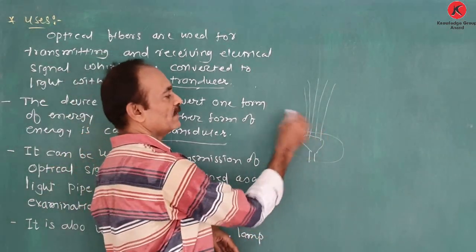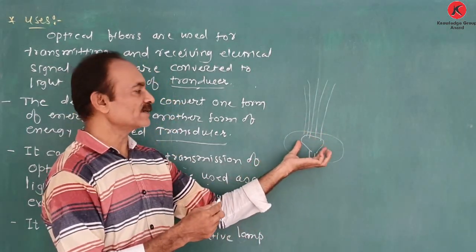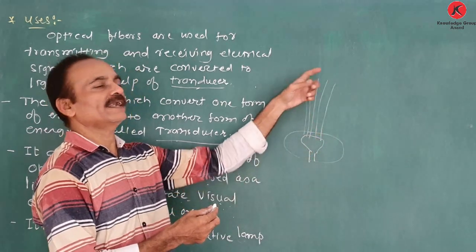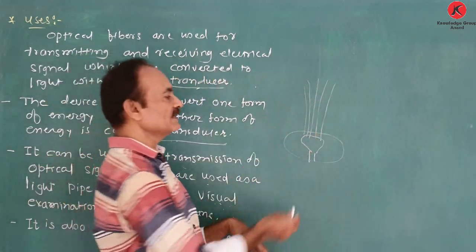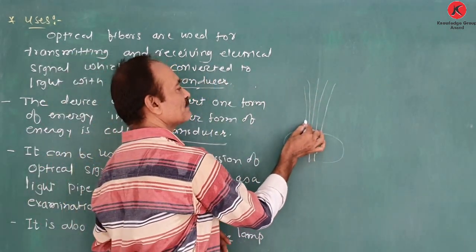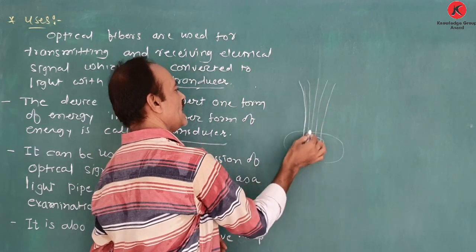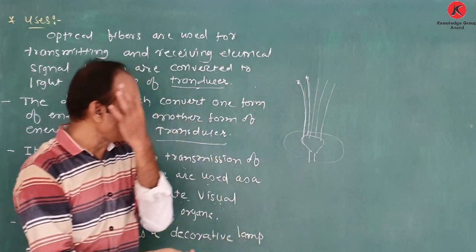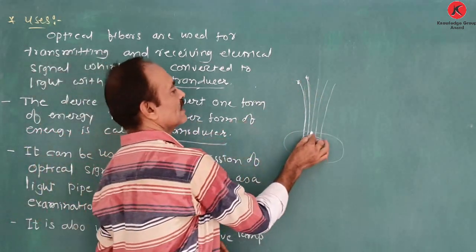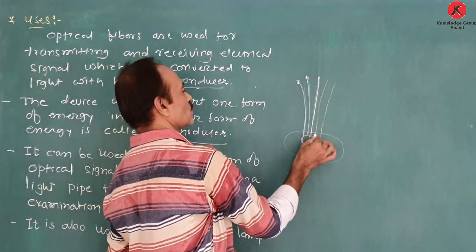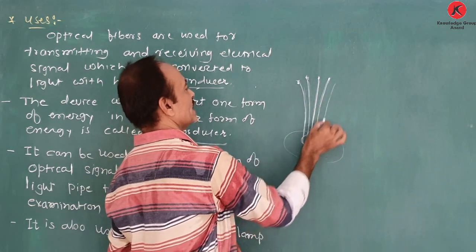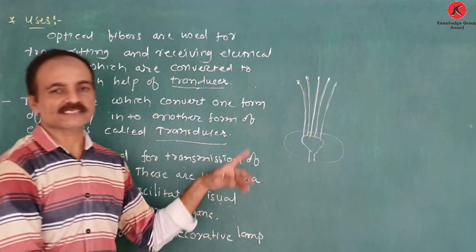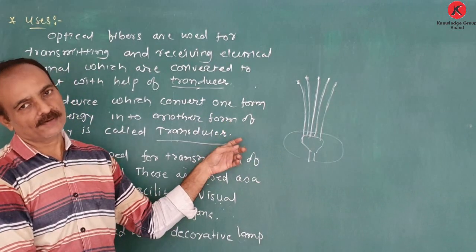One end of the fiber optics is in contact with or very close to the glass, while the other ends are free. When the bulb is switched on, light passes into the fiber optics, and at the free end of the fiber optics, a bright spot is shown. So that is the decorative lamp, an application of fiber optics in decoration.